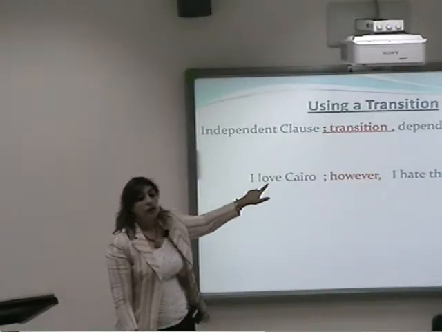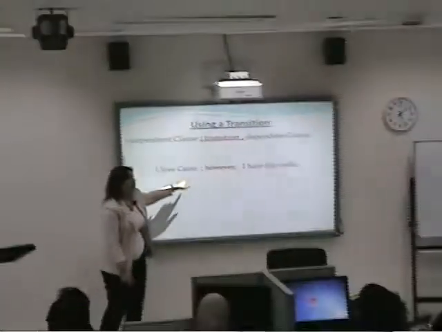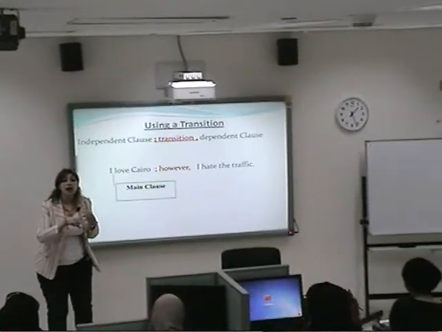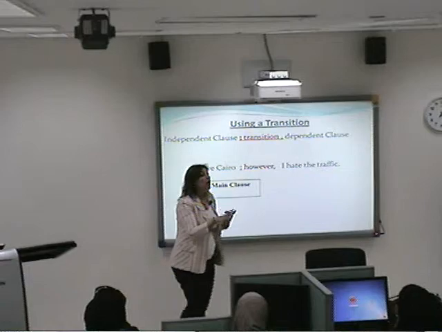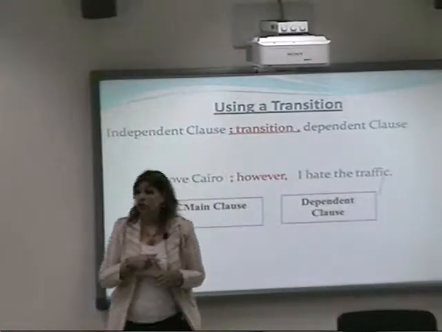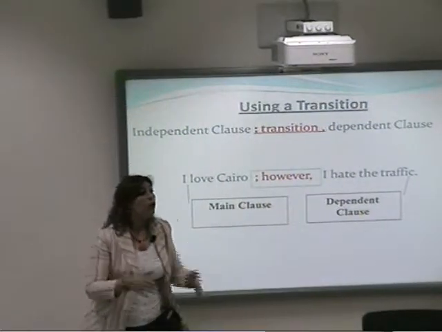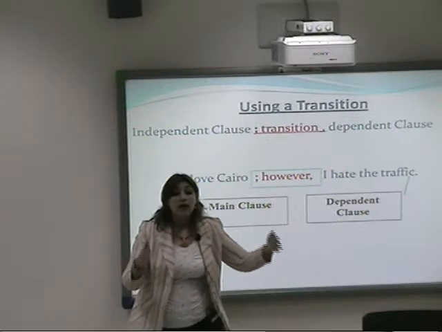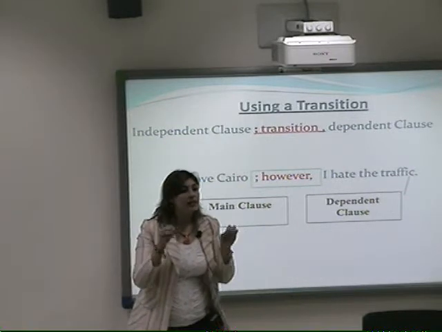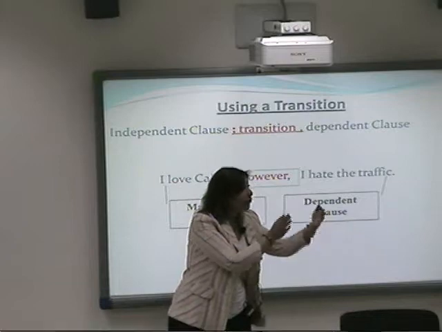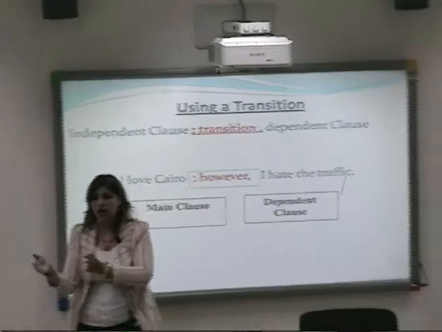If we're going to use transitions like however, nevertheless, moreover, therefore, in addition, all these are non-conjunctions. These non-conjunctions are transitions. They transfer the reader from one idea to the other.